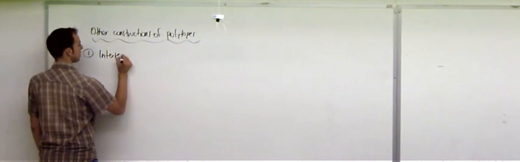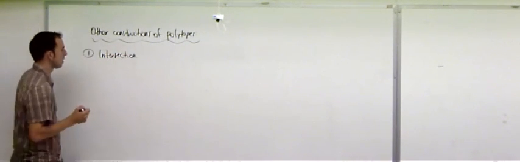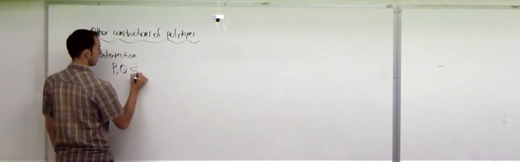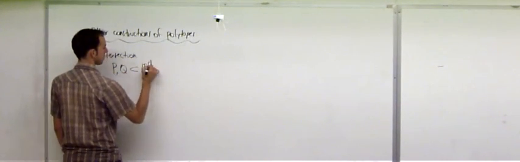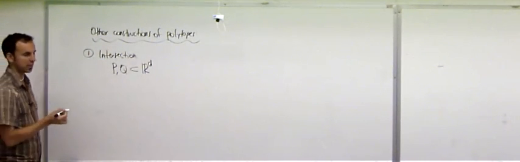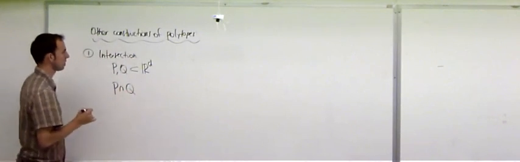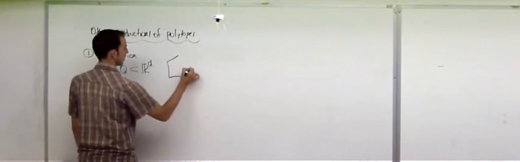There's intersection. If you have two polytopes P and Q in d-dimensional space, then you can just take their intersection, and you know what that means.